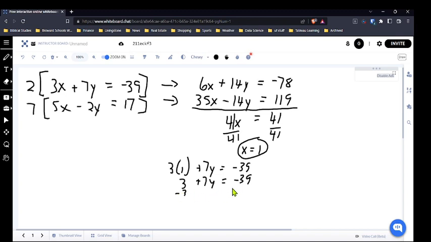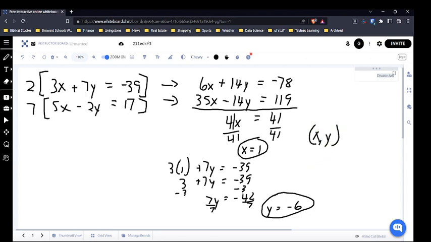Subtract 3 from each side, and I get 7y equals minus 42. Divide by 7 on each side, and I get y equals minus 6. So my coordinate pair solution is going to be 1 comma minus 6.